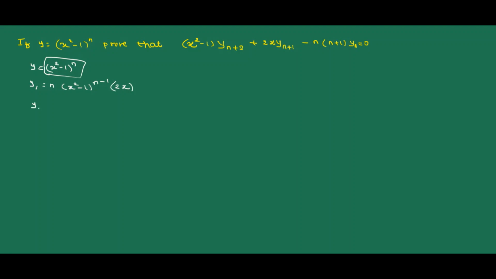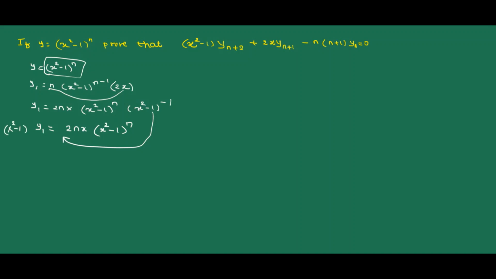Then y1 is equal to, I will write this 2x here, so that is 2nx, and then the remaining term I will split in the form of (x² - 1)^n and (x² - 1)^(-1). Transpose this term to the right hand side, and you will get x² - 1.